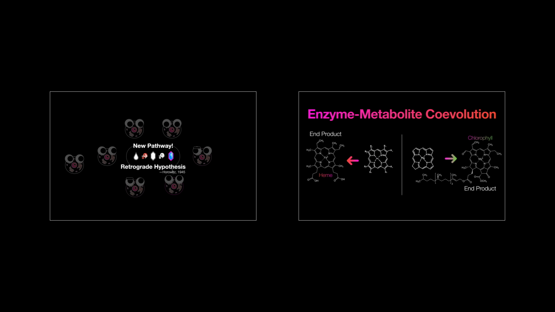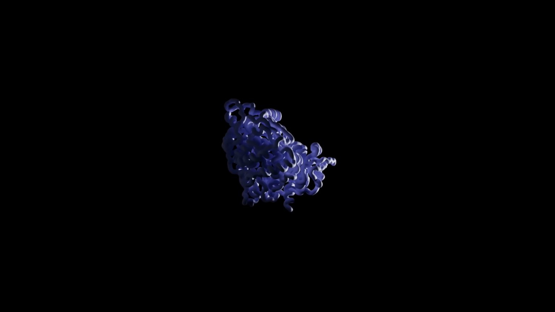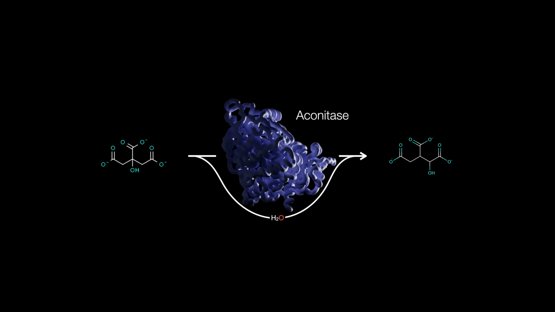But the reason that they sound so intuitive is precisely why they're both incomplete, and our skewed intuition comes from one source. Most of us learning biology have an incomplete conception of what proteins and enzymes can actually do. We often think of enzymes as being machines that sit inside of the cell, waiting to do their specific job.